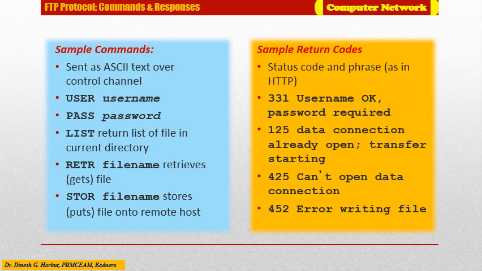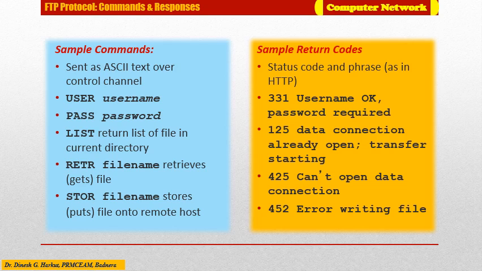Some typical commands are: USER, which provides a username; PASS, which provides a password; LIST, which returns the list of files in the current directory; RETR filename, which retrieves or gets the file; and STOR filename, which stores or puts the file onto the remote host.